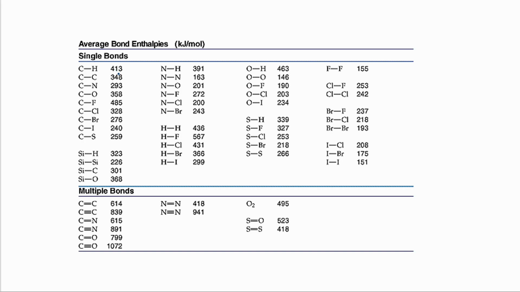In methane we have 4 CH bonds, and in ethane we have 6 CH bonds. These 6 CH bonds will have a different bond enthalpy compared with the 4 CH bonds in methane. So collecting all these CH bonds and averaging, we get 413. We are going to use these average bond enthalpies in our next calculations.